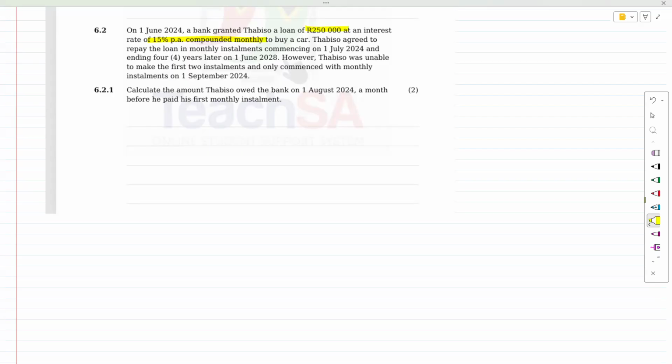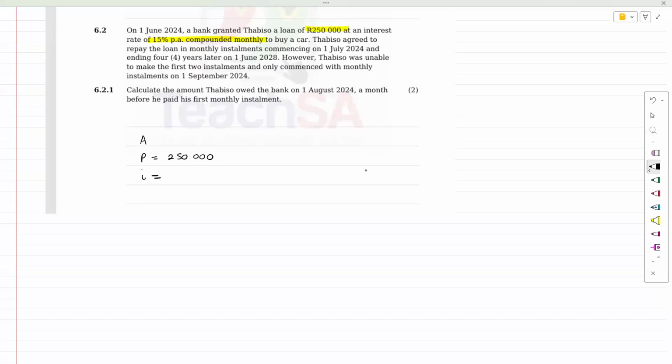Okay, so questions like this, sometimes it seems like it's a little bit difficult. But let's start with the parts that we can do. We don't need to panic. We don't know A. We know what P is because he took a loan of 250,000. We know what I is.